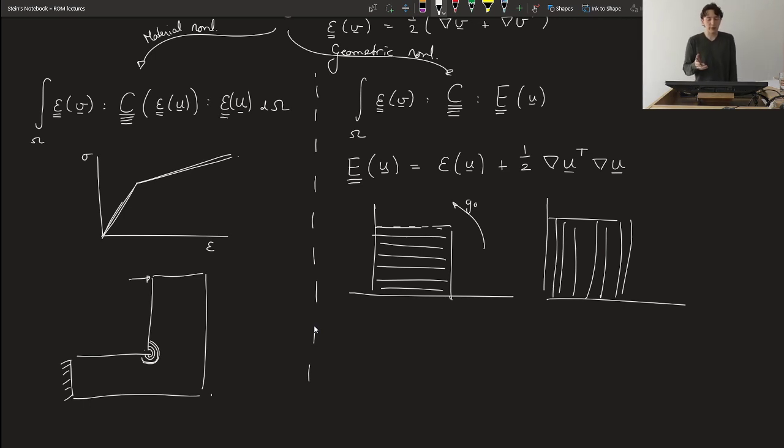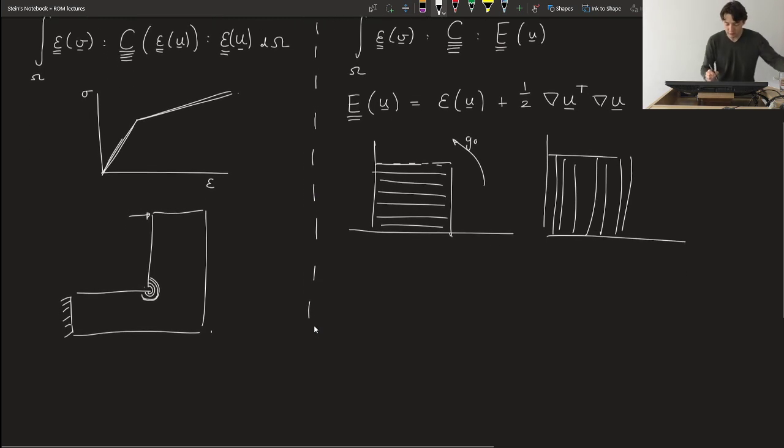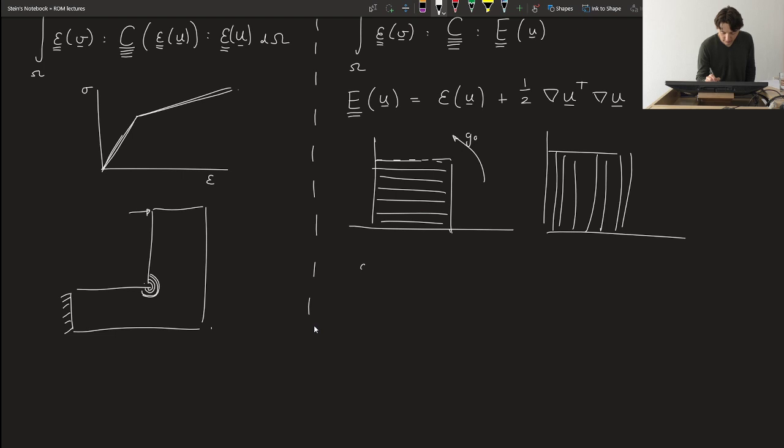Now you can write the deformation for each point. You get a simple rotation matrix. Then you can compute the linear strain for that. And the linear strain that you would get in this case would actually look like this.